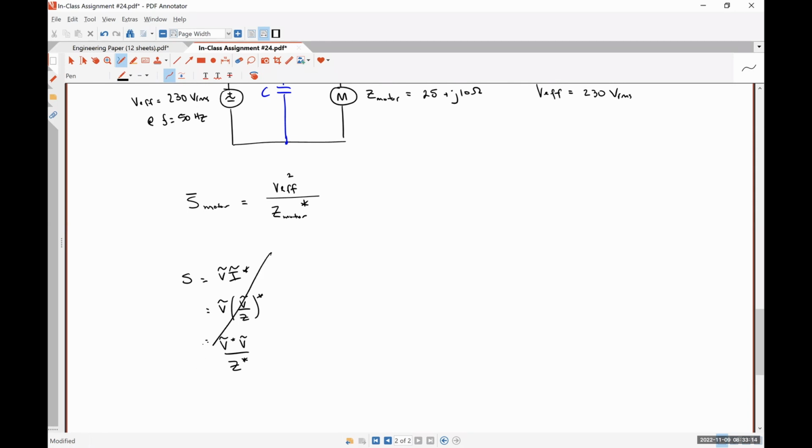So anyway, just rederiving the equation that we're using here.